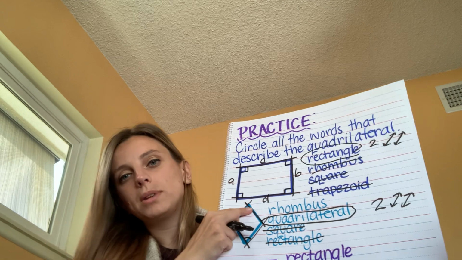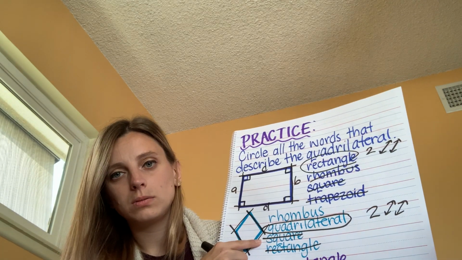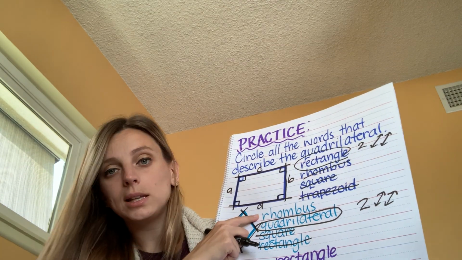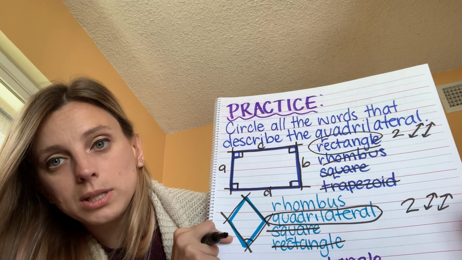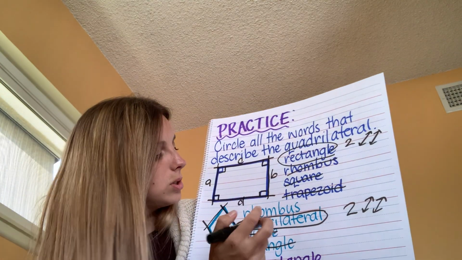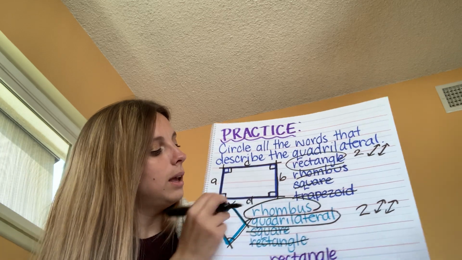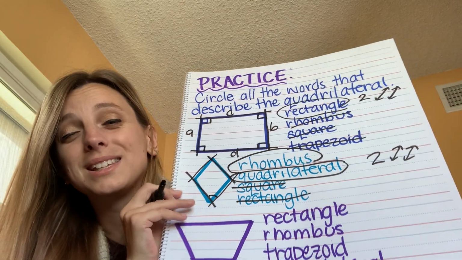So what makes a rhombus special? Well, a rhombus doesn't need to have right angles like a square does, but it still has four equal sides. So let's look. Looking at this shape, do these four sides look about equal? They do, right? So this would be a quadrilateral, and we could probably call it safely a rhombus.